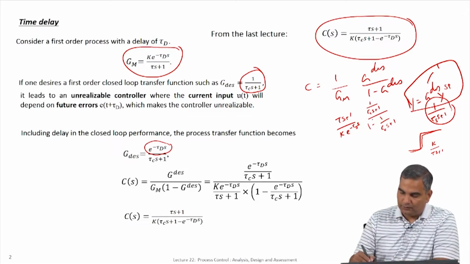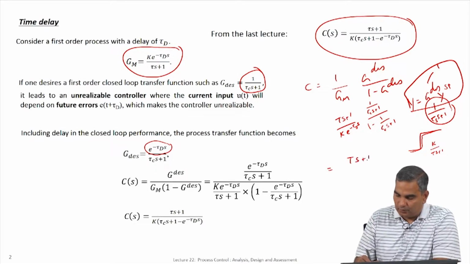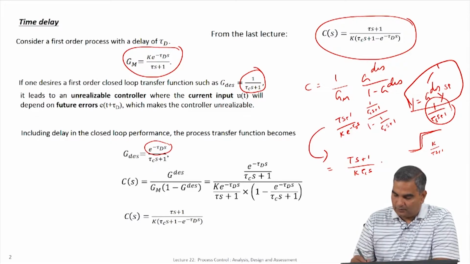Tau c s plus 1 and tau c s plus 1 will get cancelled. Tau c s plus 1 minus 1 will be tau c s. So this will lead to (tau s plus 1) divided by k tau c s. And then this is what I am deriving, e power minus tau d s will become e power tau d s.